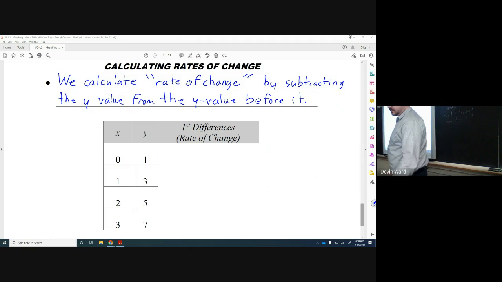It might seem kind of weird when we write it out like that, but once we actually do it, it should make more sense.